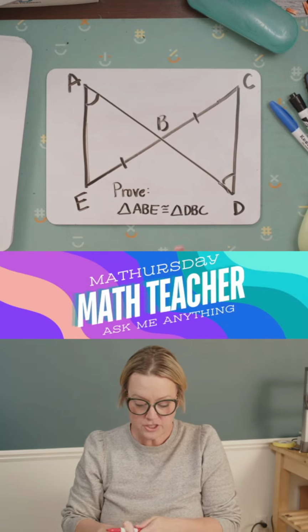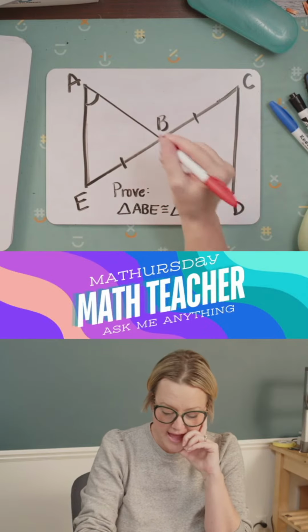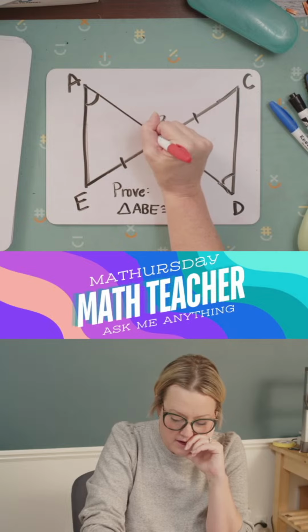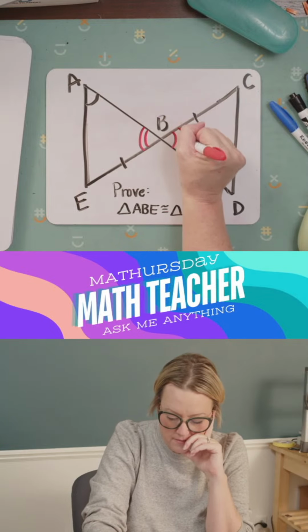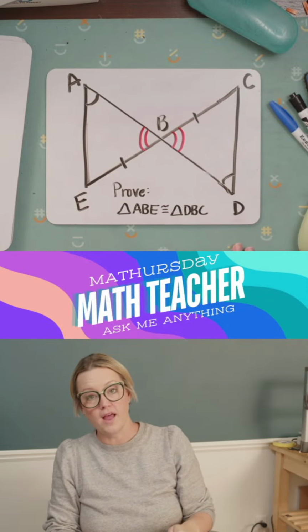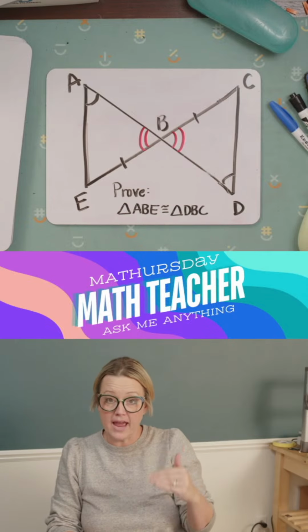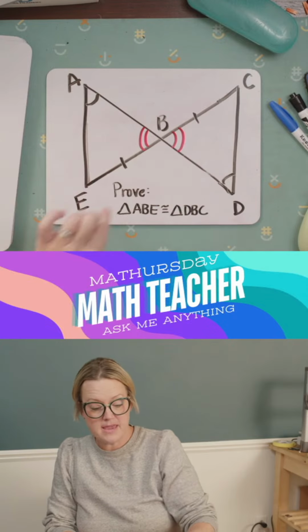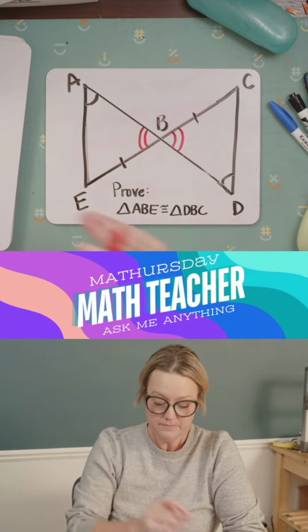What I do know for sure, beyond the information that I'm just given, is that this angle here is congruent to this angle here because they are vertical angles. I know that's always true. So in my proof, I would outline that angle ABE is congruent to angle CBD because they're vertical angles.